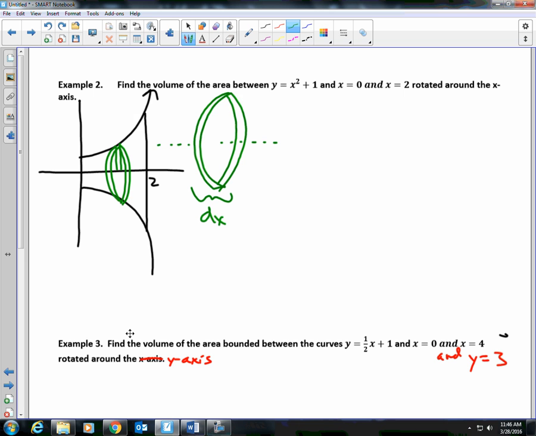What is the center? Y equals 0. What creates the top of the disc? So you can see, as you look at this, that the radius will be the distance between these two. And if we subtract the top minus the bottom, we get x squared plus 1. Somebody give me an expression for the volume of the disk.